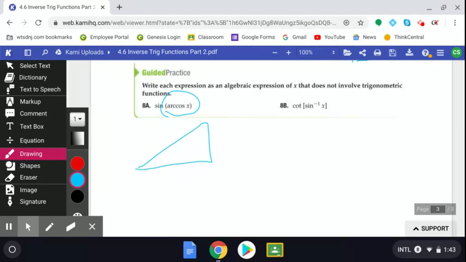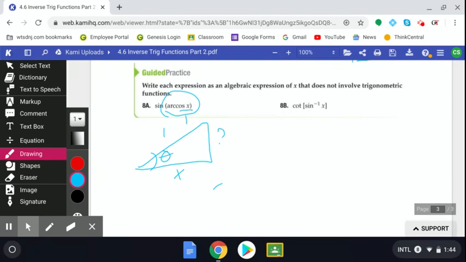I know that cosine is adjacent over hypotenuse, remember, there is a 1 there, if that's my angle. Then the question is, what would be sine x? Well, I don't know what this side is, but I can write it in terms of the Pythagorean theorem, in terms of the other two sides.